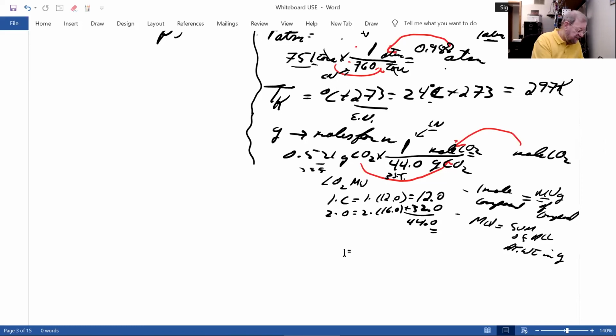And now, just to be safe, I'll come to my problem again here. This conversion, grams divided by grams cancel out. I'm left with moles. So now I can happily go to my spreadsheet.